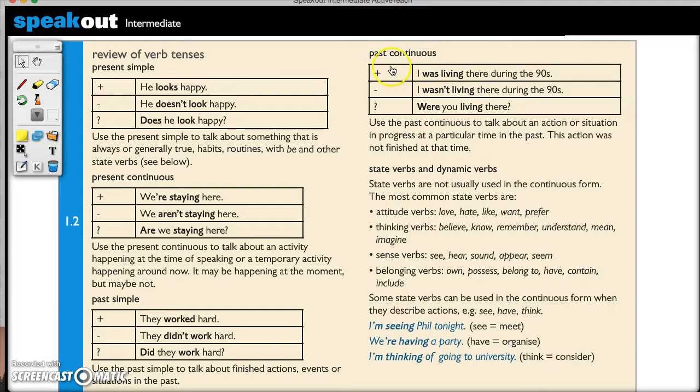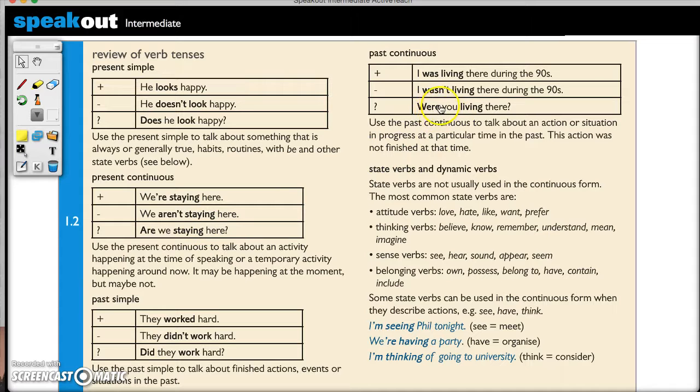And the past continuous. Here you've got an example of a positive sentence, a negative sentence, and a question. Again, remember that we use the verb to be, but in this case, you use the simple past of the verb to be together with an ing form of the main verb. Okay? And in the question form, you move it again to the front position, as in the case of the present continuous.